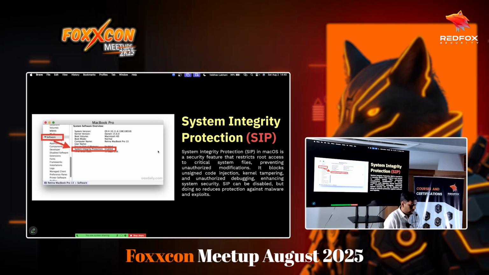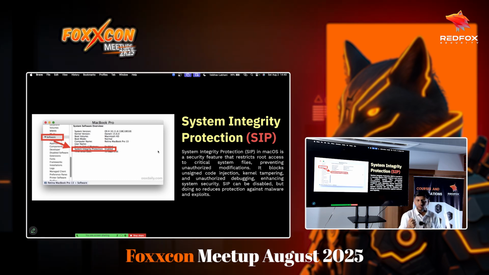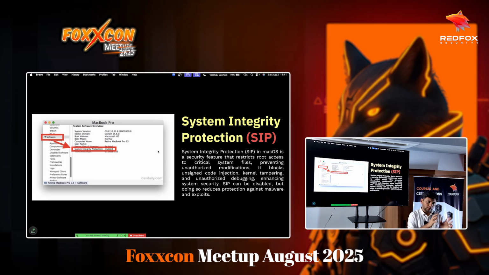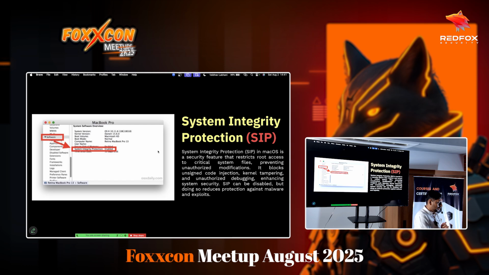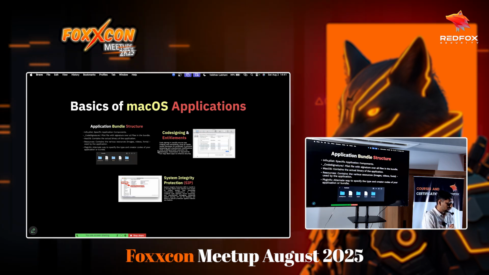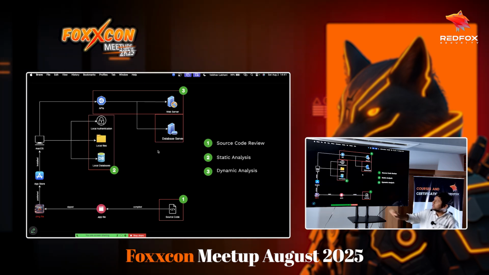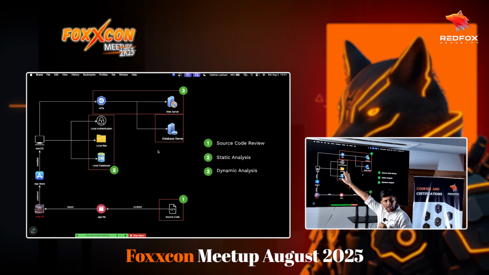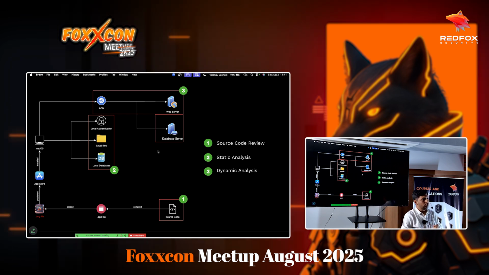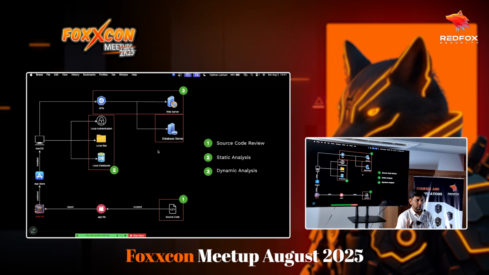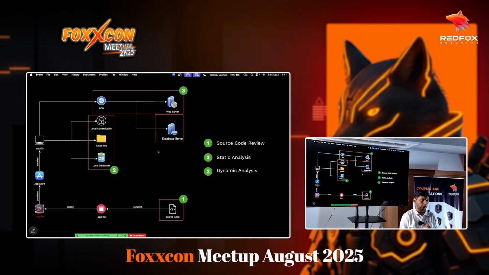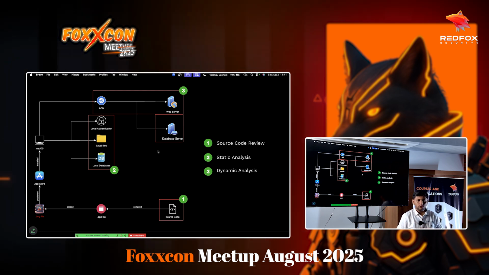Now, the point here is specifically in iOS: if you want to view these local databases and local files, you can only view them if you have root access. So in order to view them, you will need to jailbreak your iOS device.